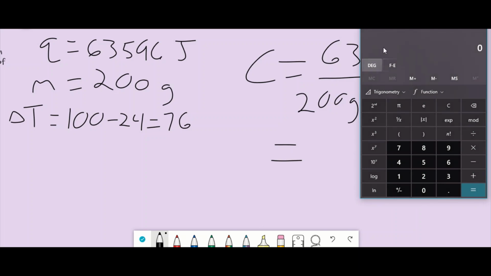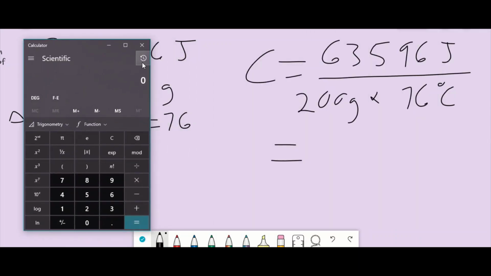Let's take our calculator out. We're going to do 63,596 divided by, and you can just do it in one go and put a parenthesis, 200 times 76. Make sure you close the parentheses right there.